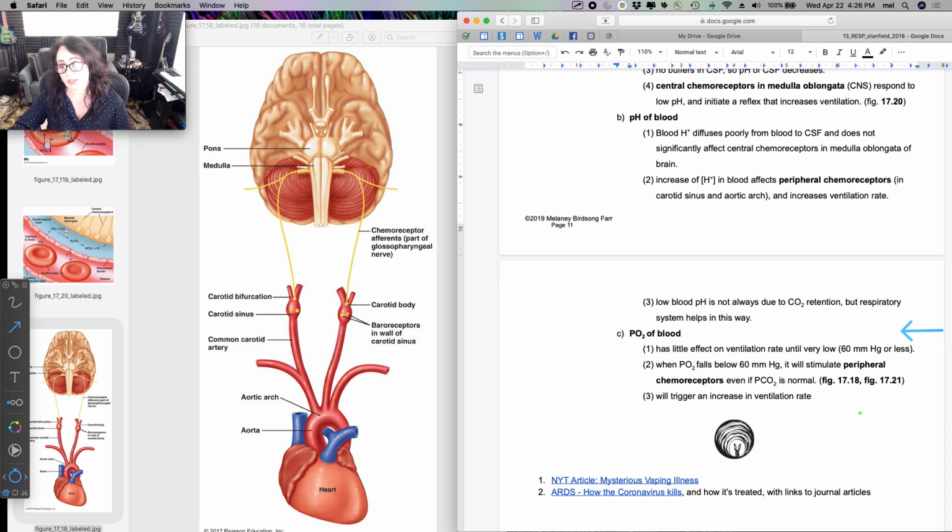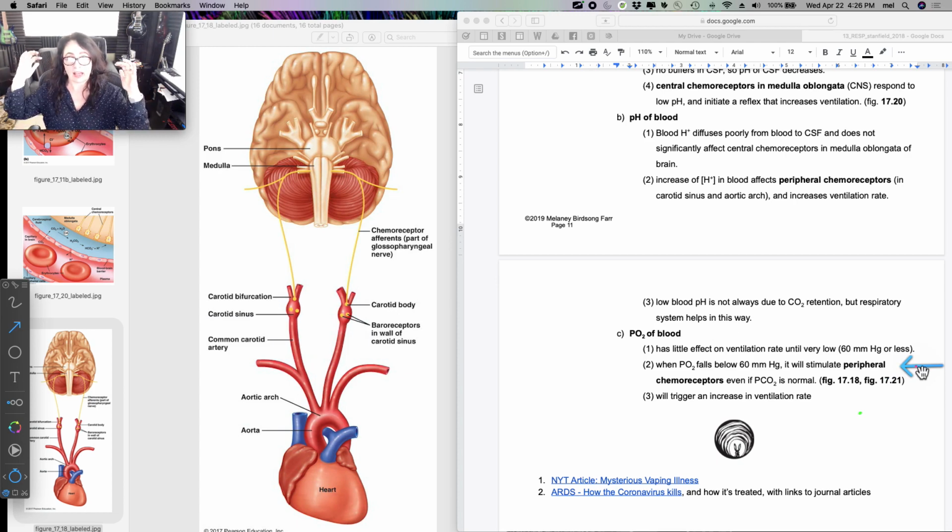So the PO2 has very little impact on ventilation rate if detected in these same locations until the PO2 falls below about 60 millimeters of mercury in the aortic arch and the carotid sinus. When it falls below about 60 millimeters of mercury, it will stimulate the peripheral chemoreceptors and cause an increase in ventilation. But until it gets really, really low, it doesn't change ventilation rate.